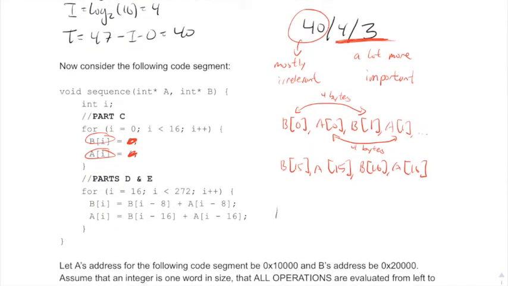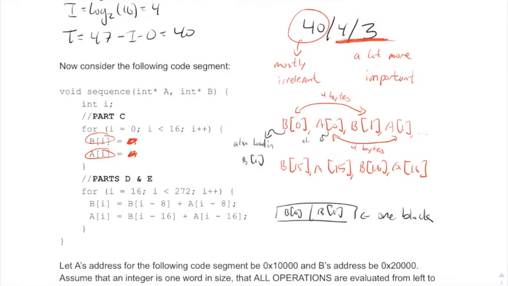So this should be enough to store B0 and B1 within one block. This means in this first access here, we're going to have a compulsory miss. But when we have this compulsory miss, we also load in B1. And same here for A0. We also load in A1.